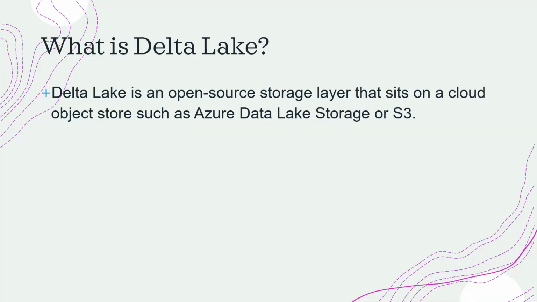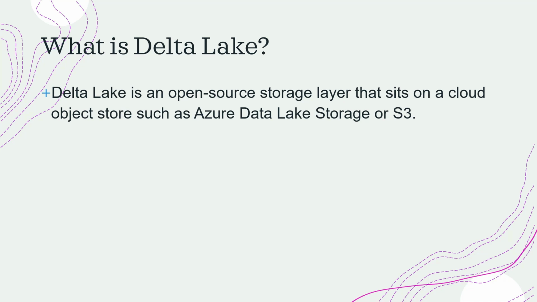So first of all, what is Delta Lake? We have all heard about data lakes, why data lakes came into the picture, and what they do. But Delta Lake is, you can say, an advanced or enhanced version of a data lake. Delta Lake is nothing but an open source storage layer that sits on a cloud object store.